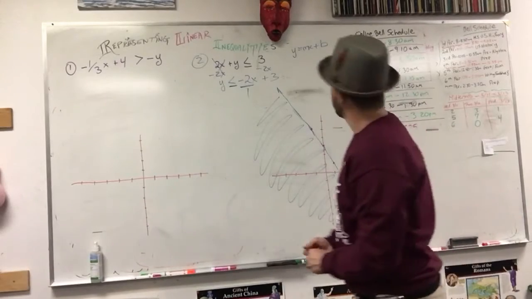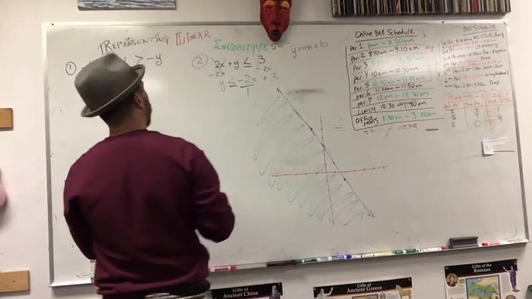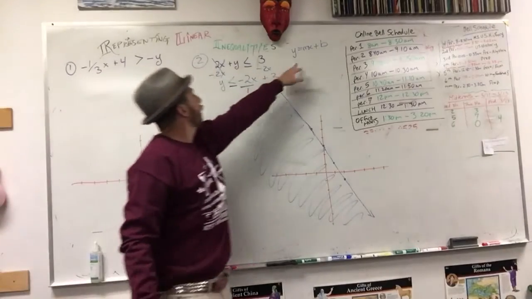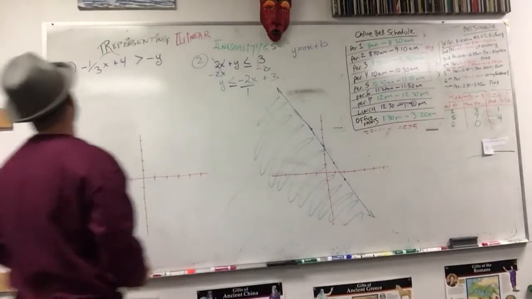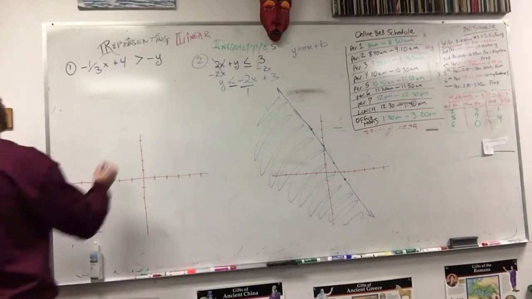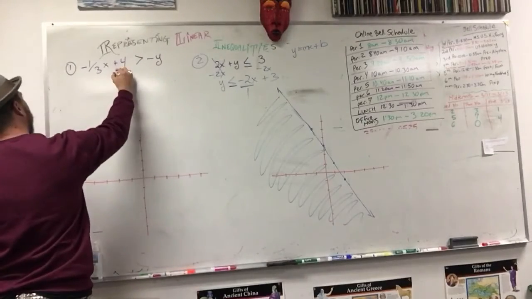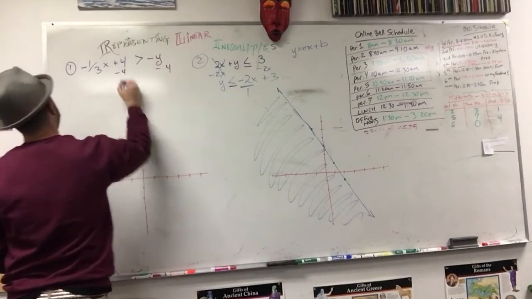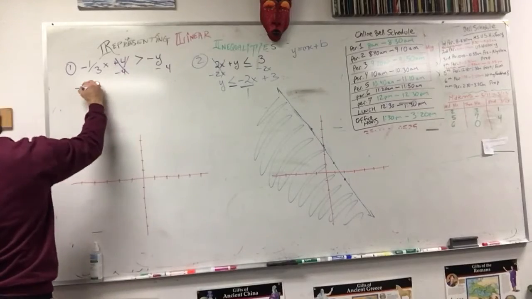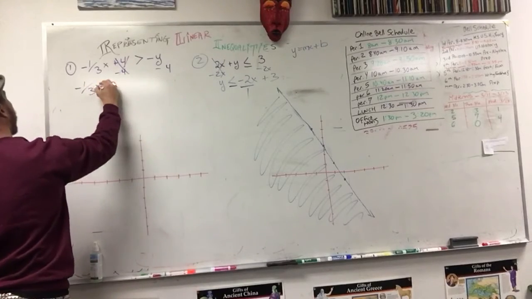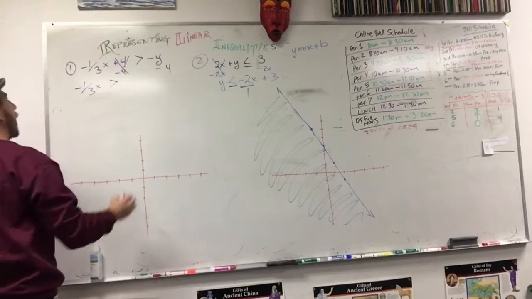So let's see. Looks like we have a lot of things we need to do to get to that y equals mx plus b, our slope-intercept form. Well, let's see. First thing I know I want to do is I want to get my y-intercept over here. That'll cross that out. I still have my negative 1/3 x is greater than.